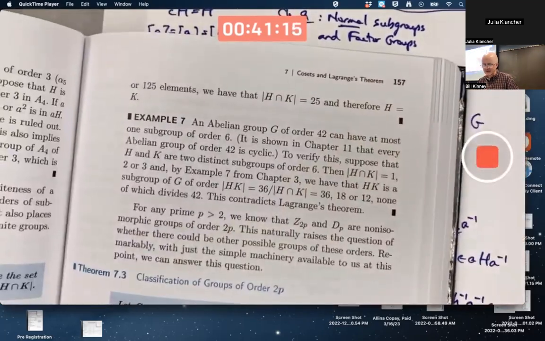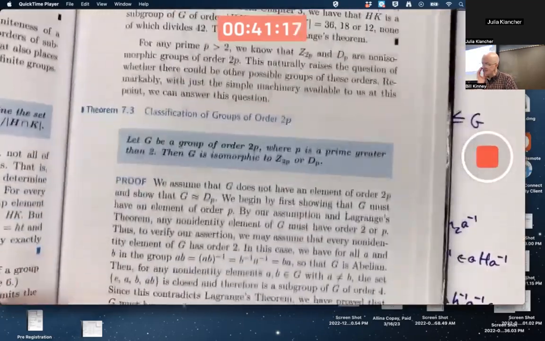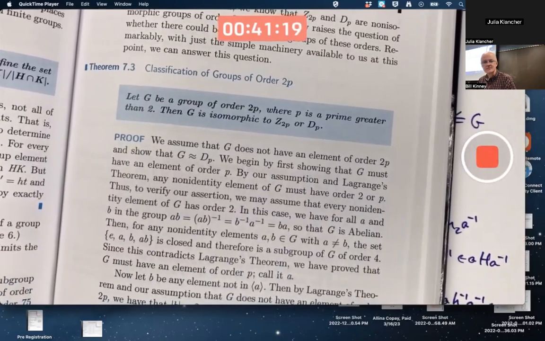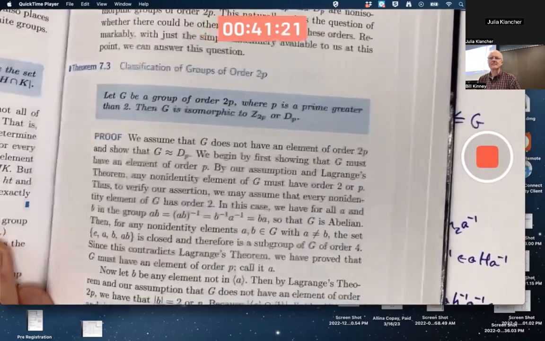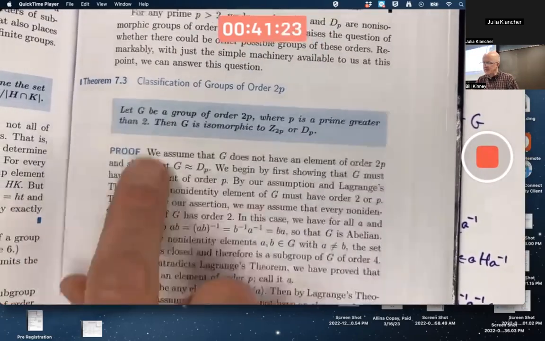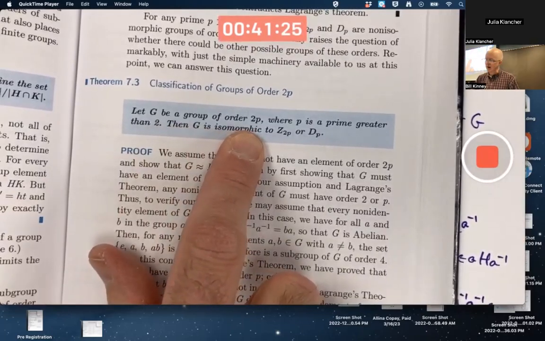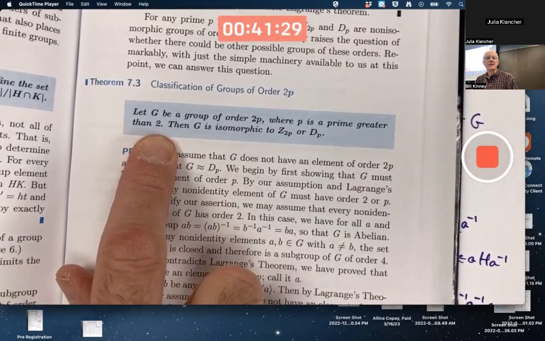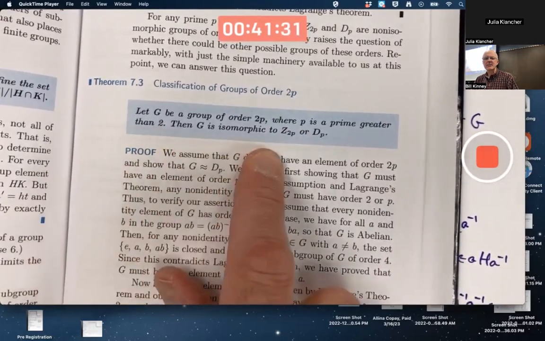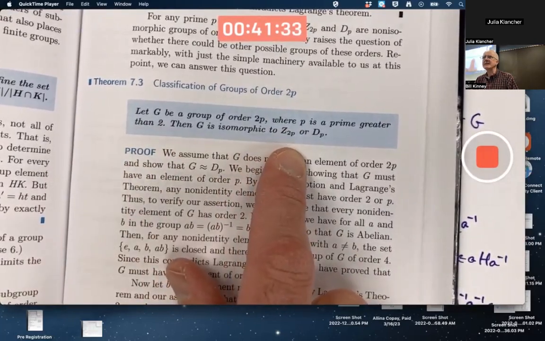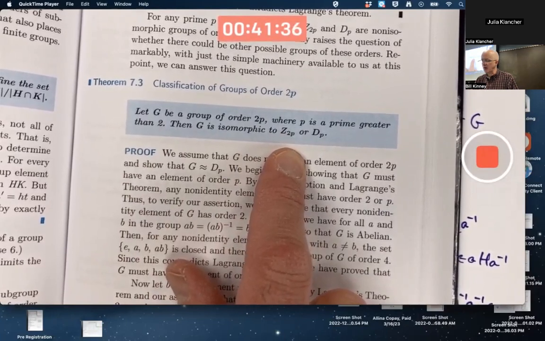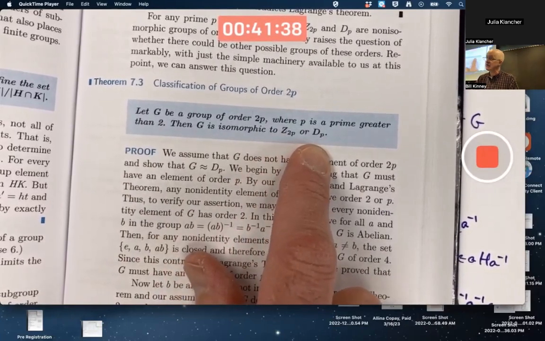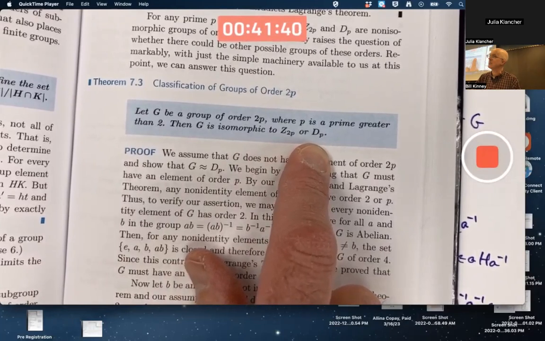There's another classification fact in chapter 7, though its proof is harder. Let G be a group of order 2p where p is prime, a prime greater than 2. Then G is either isomorphic to Z sub 2p, cyclic with order 2p, or D sub p, the dihedral group of order 2p.